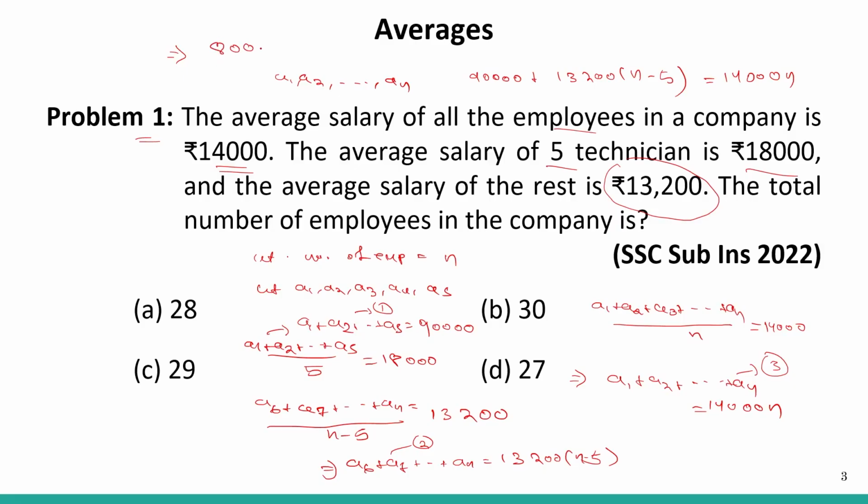So it will be 800 n is equal to 90,000 minus 13,200 into 5, which is 90,000 minus 66,000, so 24,000. Then dividing it by 800 will give us the answer.